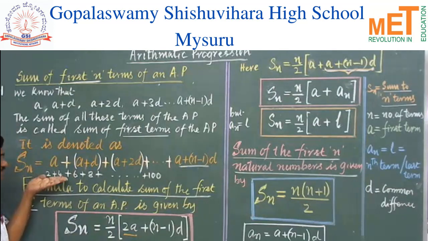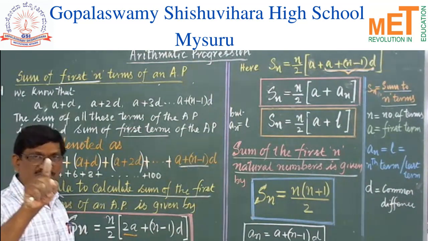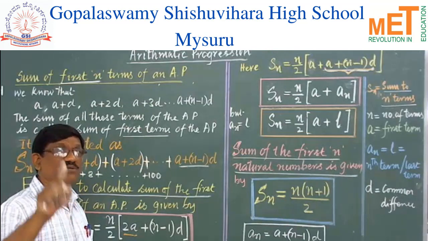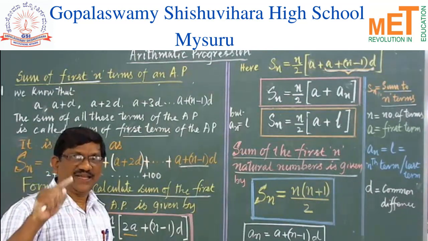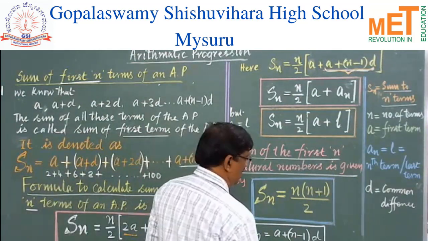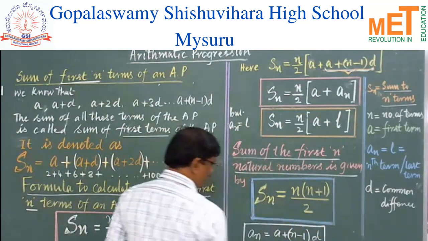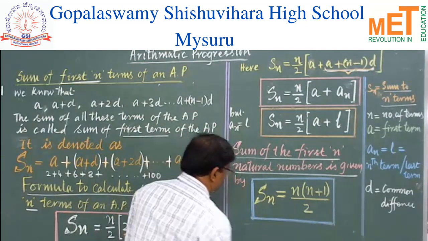So these are all positive numbers, but they are not natural numbers. What do you mean by natural numbers? Natural numbers are the countable numbers. They always start from 1, and every number in that is 1 more than the previous one. That is 1, 2, 3, 4, 5, 6, isn't it? It is nothing but the natural numbers.